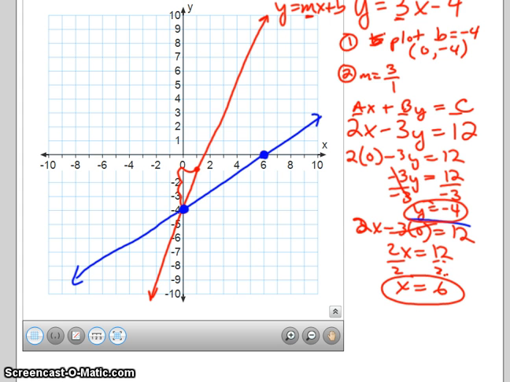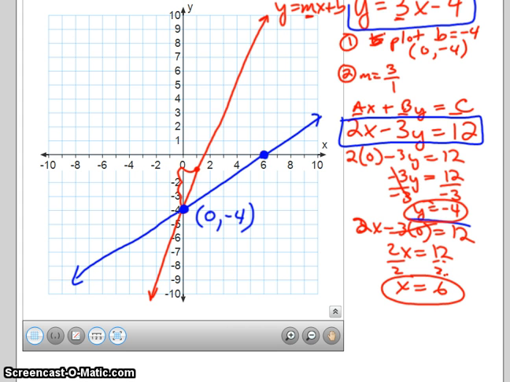Now what we're going to do with this unit is take our 2 equations, similar to the 2 challenge questions, and determine where these 2 equations meet. If you notice in this graph, they meet at (0, negative 4). That's a common point between the 2 graphs. So what is a system of equations? Well, it's 2 or more equations.